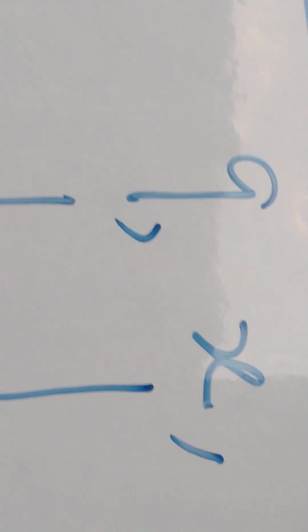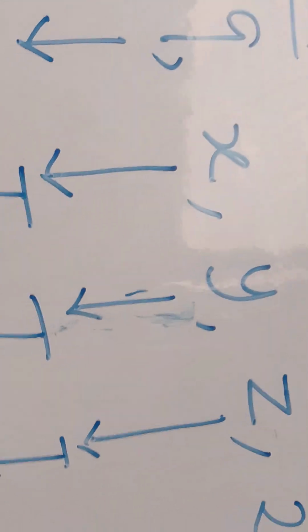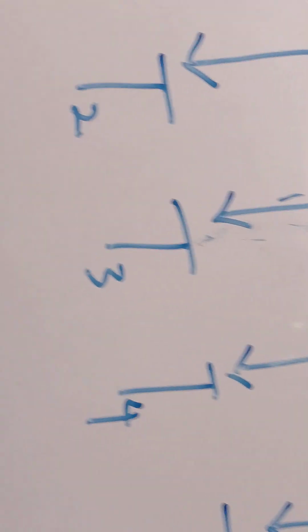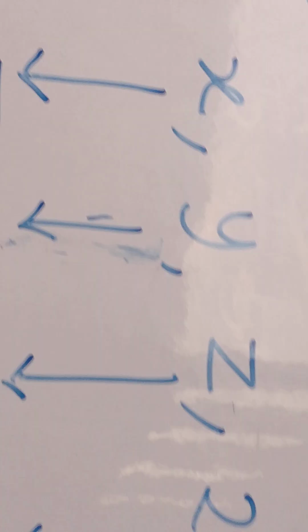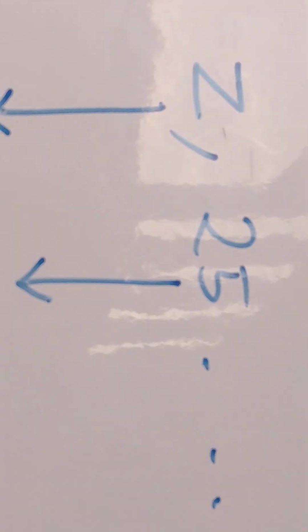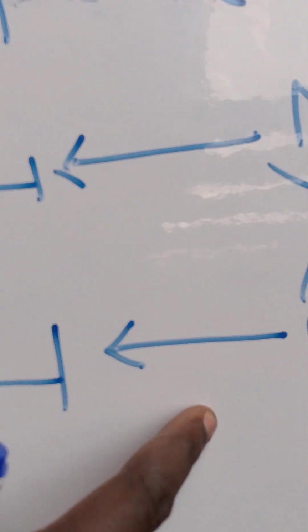So we have 9 as the first term, x as the second term, y as the third term, z as the fourth term, and 25 as the fifth term. We'll come back to the fifth term, which is 25.